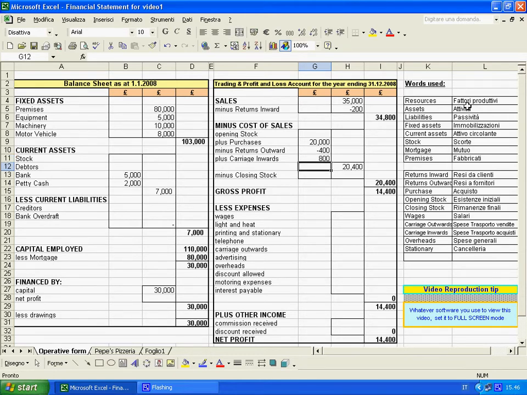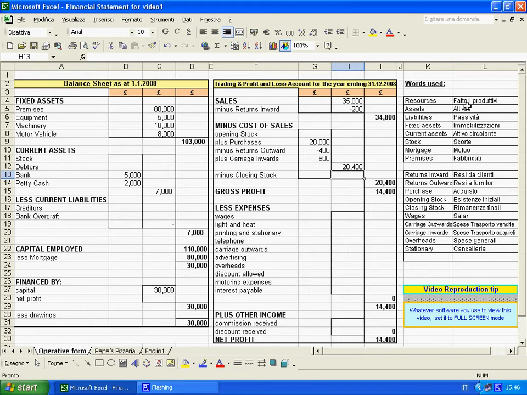And have we sold all the goods we have bought? To do this, we must make inventory. We must check it in our warehouse, and we have discovered that we have goods unsold.